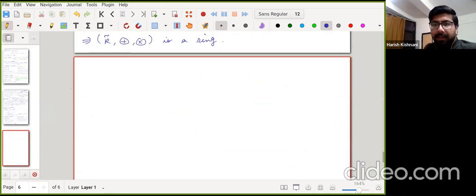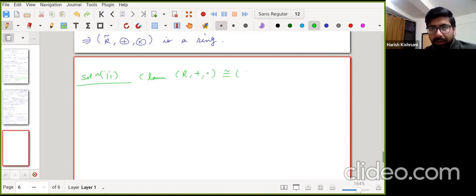So the second part, the solution to the second part, we have to see. So our claim is the earlier setup R with plus and dot is isomorphic to the new setup R tilde with plus and this multiplication, and this is a ring isomorphism.